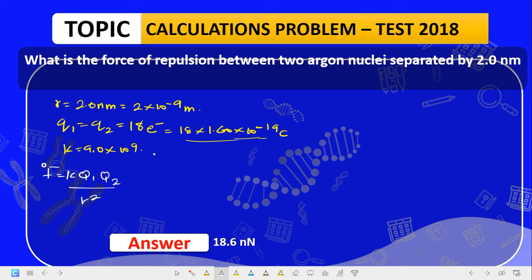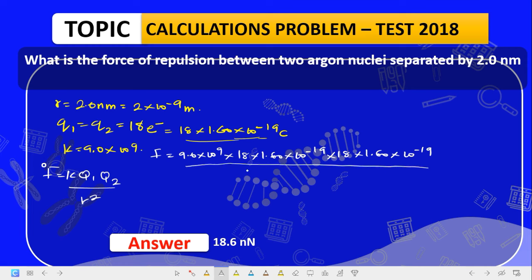Now, substituting your values, F is 9.0 times 10 raised to the power of 9 times 18 times 1.60 times 10 raised to the power of minus 19 times another 18 times 1.60 times 10 raised to the power of minus 19, because we said each argon nucleus has a charge of this, divided by R square, which is 2.0 times 10 raised to the power of minus 9 meter squared.